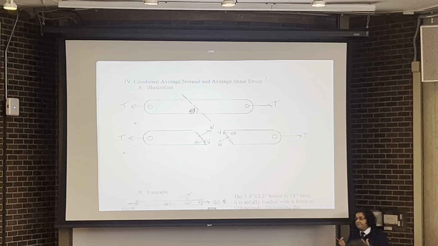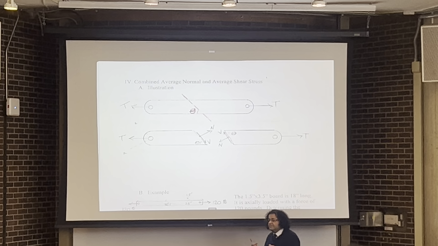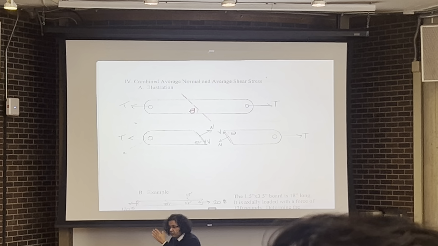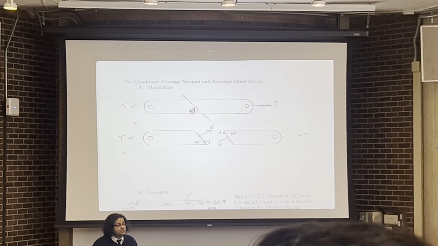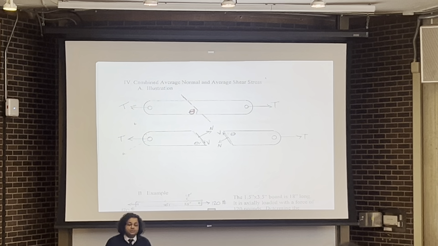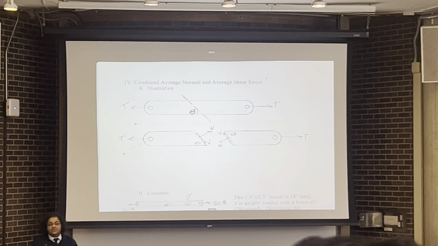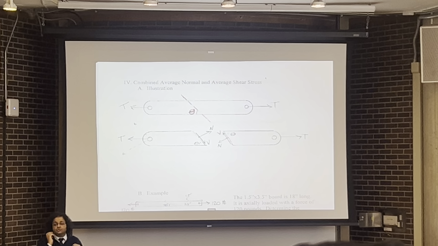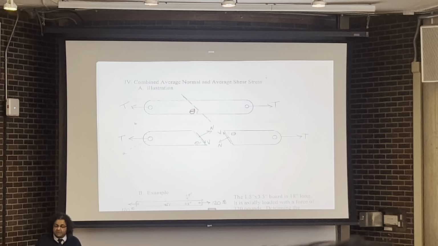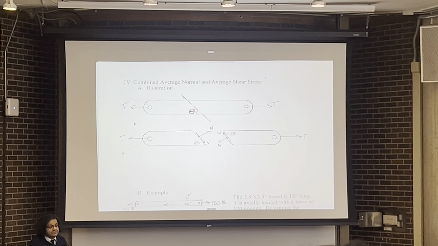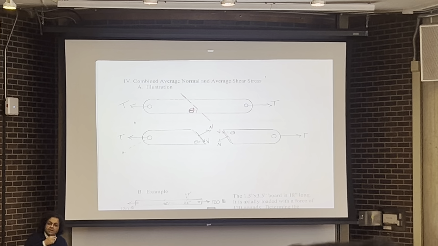So when we have normal force and shear force, it means that associated with the normal force, we have normal stress. Associated with shear force, we have shear stress. Again, if we can assume that these stresses are distributed uniformly, we can just divide the force by the area and calculate the associated stress.